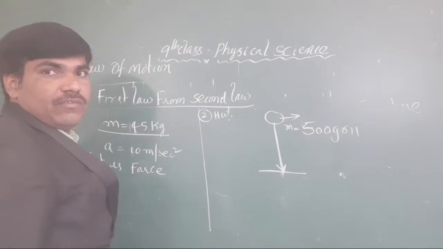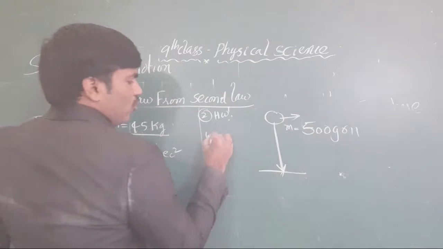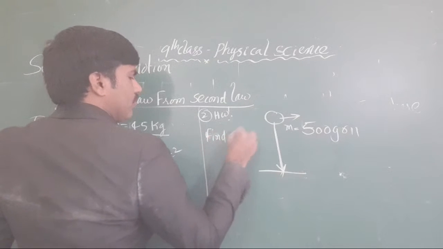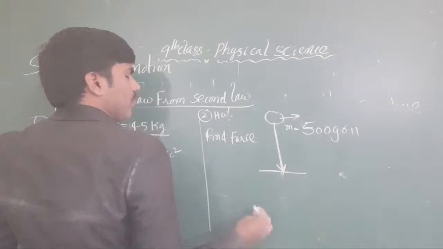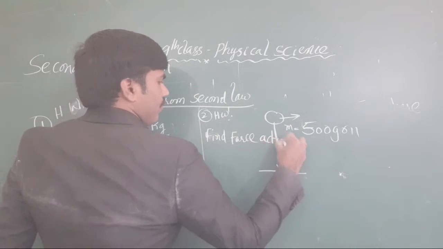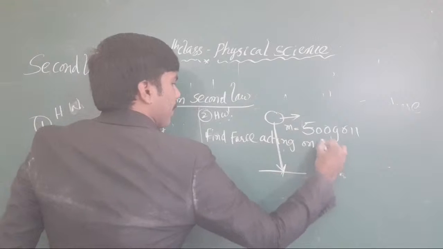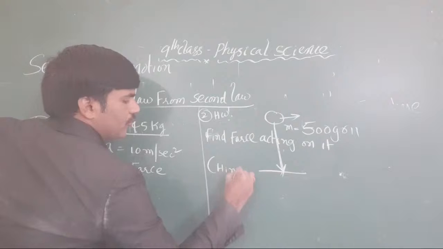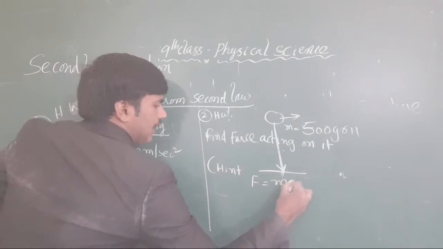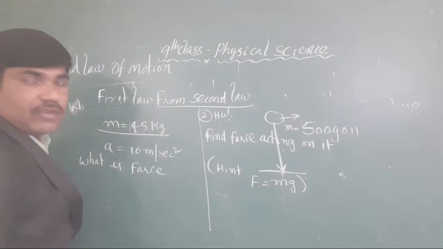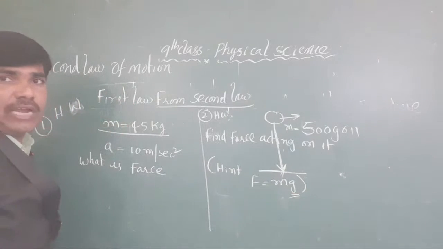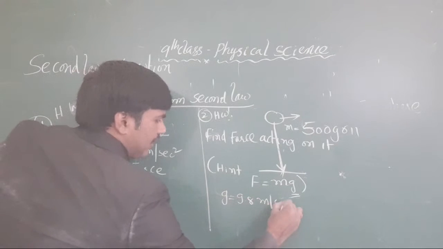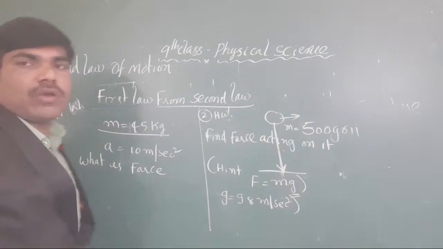What is the force acting on it? Here I am giving a hint for you. F is equal to mg here. G is our acceleration due to gravity. G is taken here as 9.8 meter per second square. Okay, clear or not, all the students?